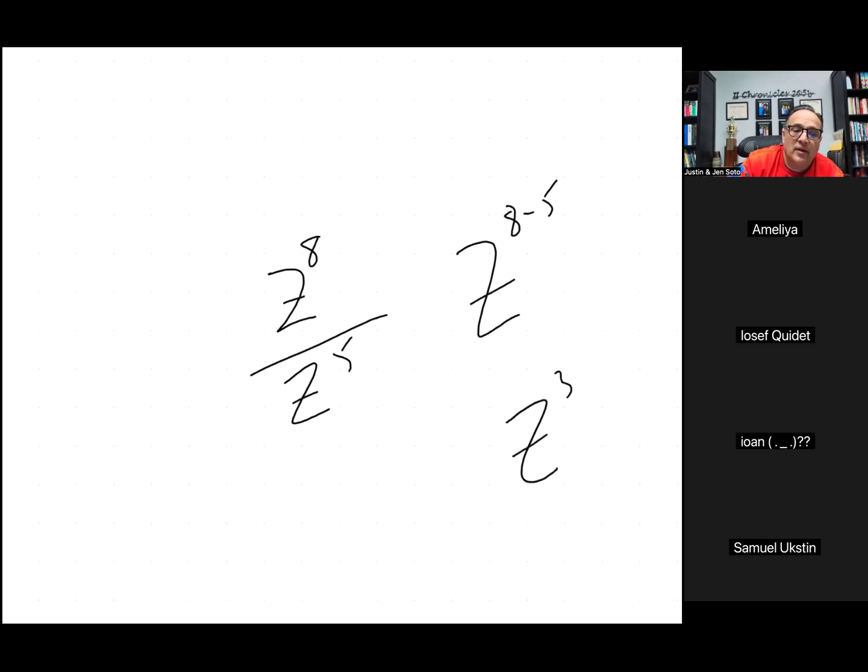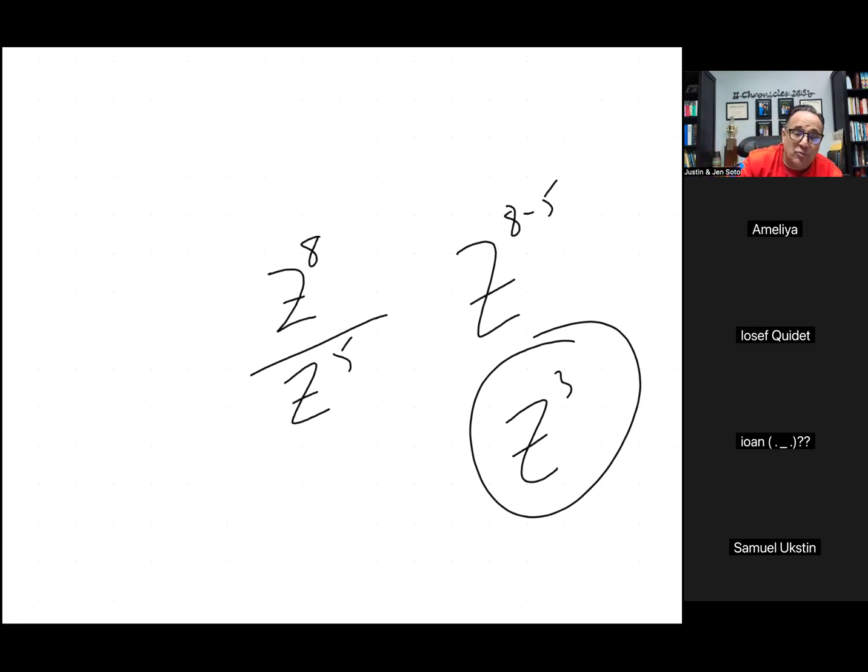Yep, good. So again, if this value is positive, you leave it the same. If this value is negative, meaning the exponent value, then you just reciprocate it over 1 with its absolute value counterpart.